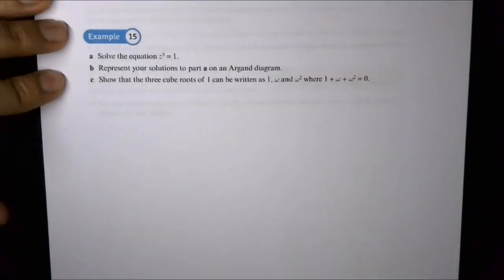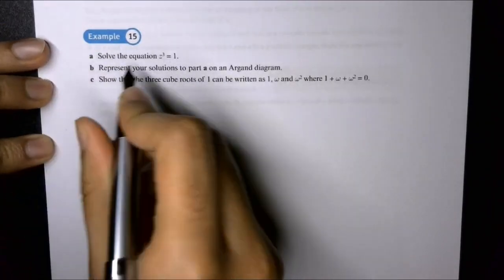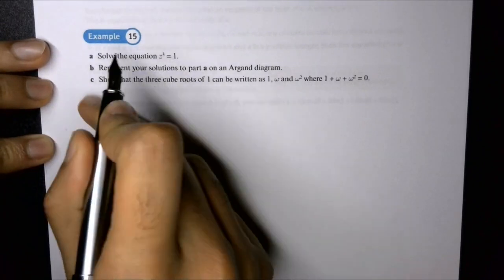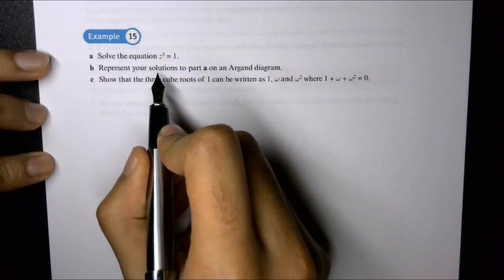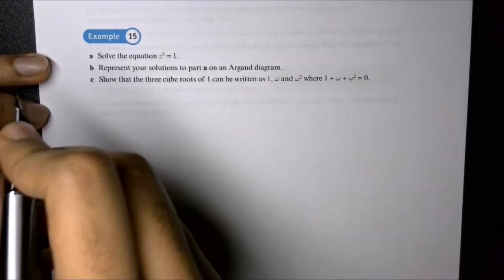Example number 15, we have to solve the equation z cubed equals 1 for part A, and then for part B we have to represent our solutions to part A on an Argand diagram.